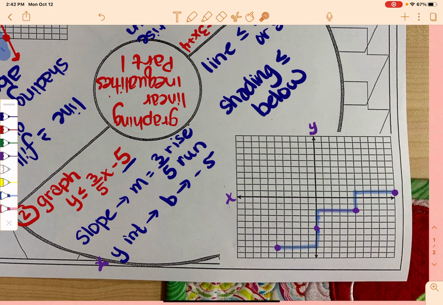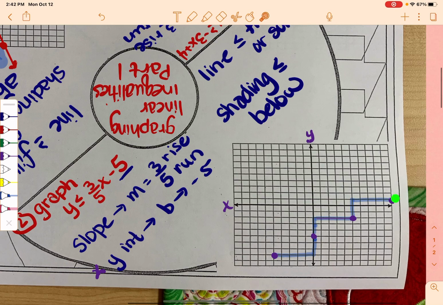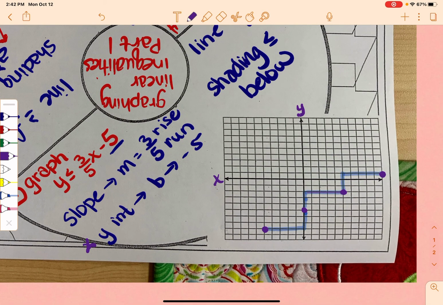You should be able to see where that line would be that connects them all. So I'm going to connect my points here. It should go all the way across your graph. It's a solid line. Now I'm going to get rid of this little piece right here just so I can graph.